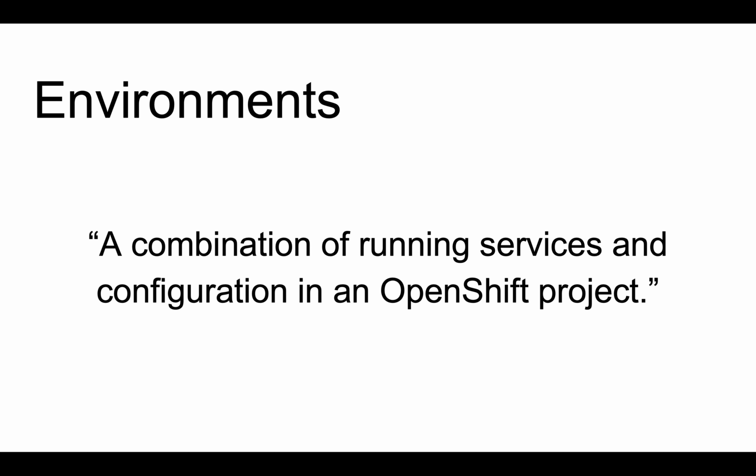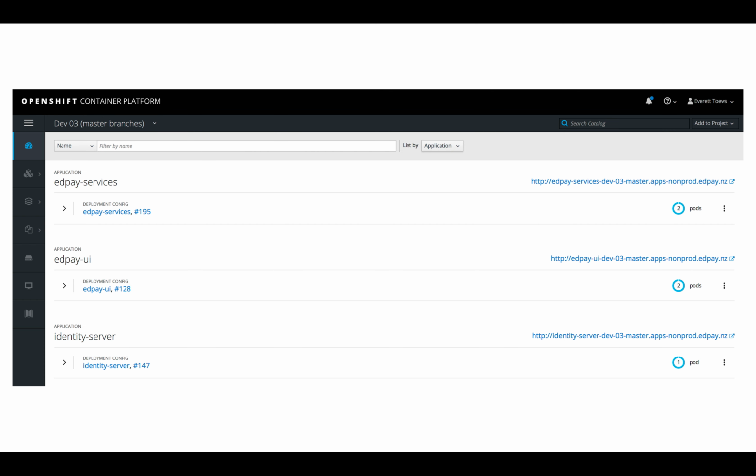Okay, so these environments that I keep going on about, they're really just a combination of the running services, the pods, and some configuration in an OpenShift project. And if you go to the overview tab in the OpenShift UI, you get a nice view of all your running services and the various amount of pods they're actually made up of.